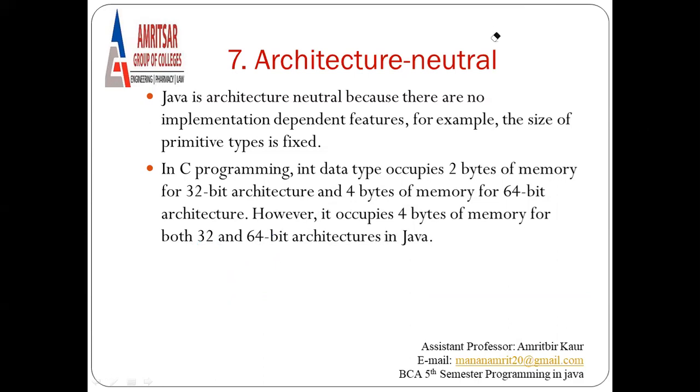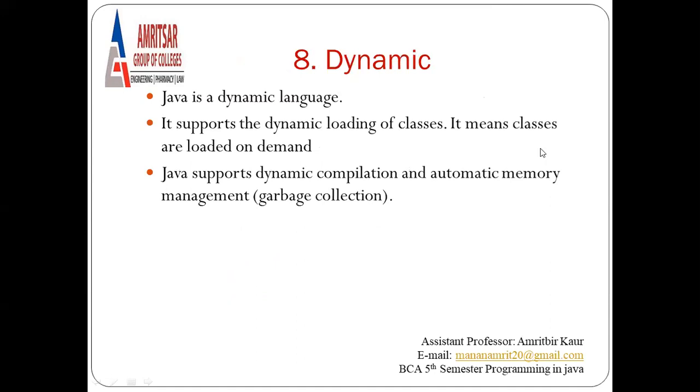So our next point is dynamic. Java is a dynamic language. Basically, dynamic we can say means runtime, not static. So it supports dynamic loading of classes, which means classes are loaded on demand. Java also supports dynamic compilation and automatic memory management.